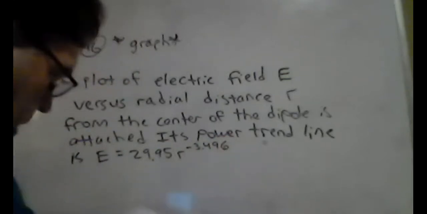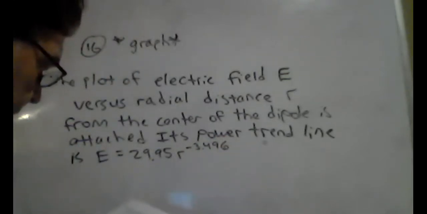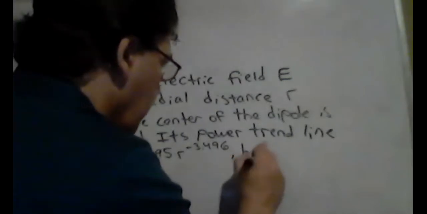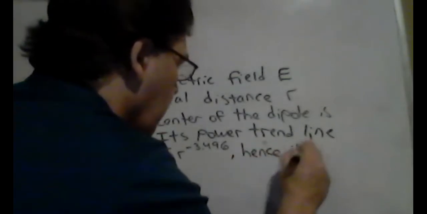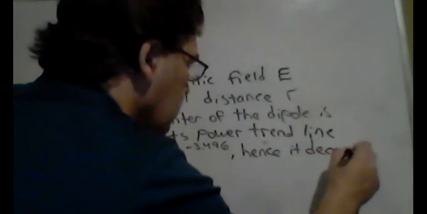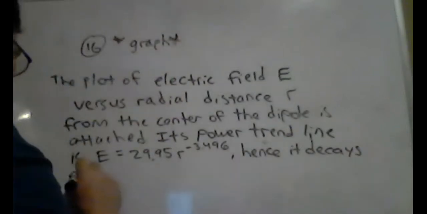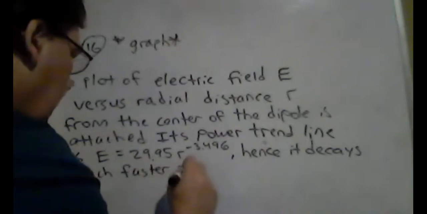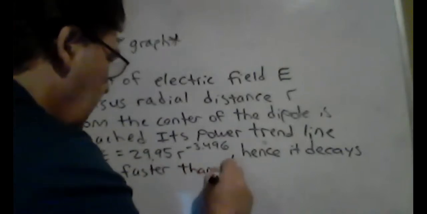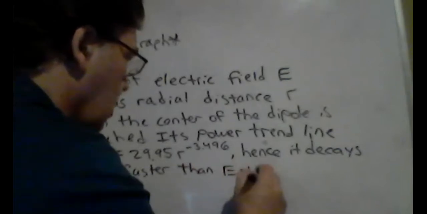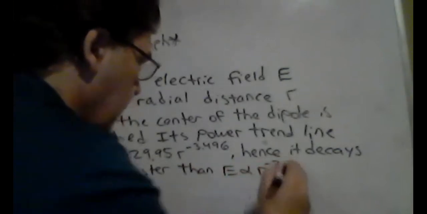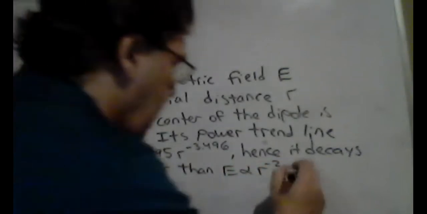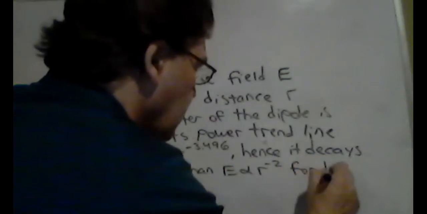All right. Hence, it decays much faster than the E proportional to R to the negative 2 for the point charge. Something like that.